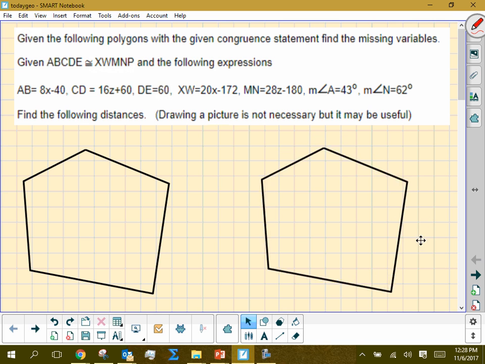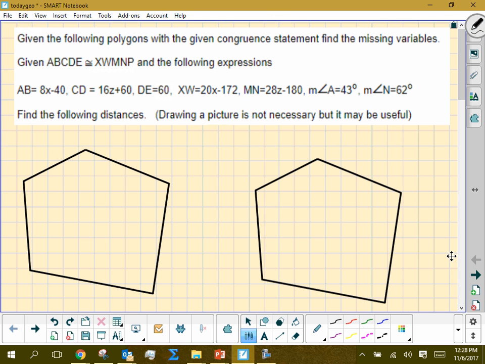So the idea is that if you've got these two shapes, A, B, C, D, E, and then I'm going to name this one. I started at the top vertex there, so I'm going to do the same thing over here with X, and I moved clockwise, so I go W, M, N, and then P.